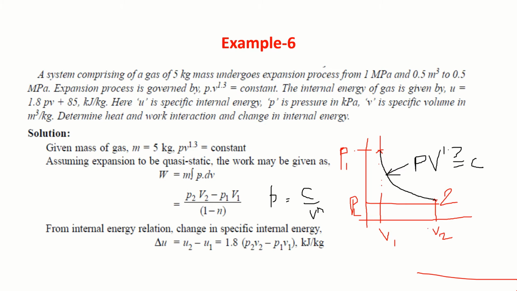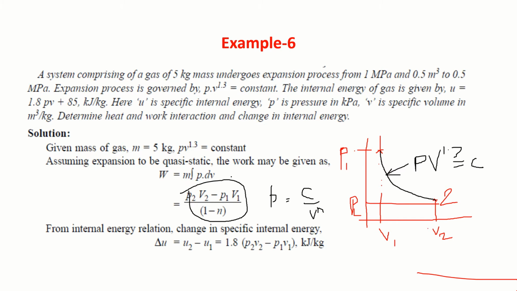So here I can substitute, replace this P by C by V to the power of n and integrate between the limits 1 and 2. I'll be getting the equation like this. This m multiplied by small v will become capital V. So that's how we can find this.